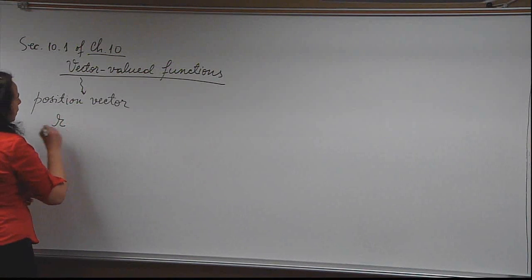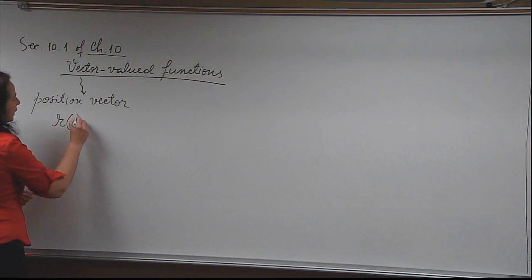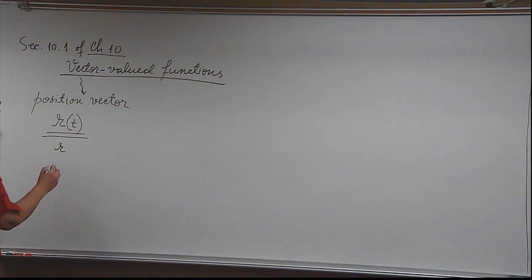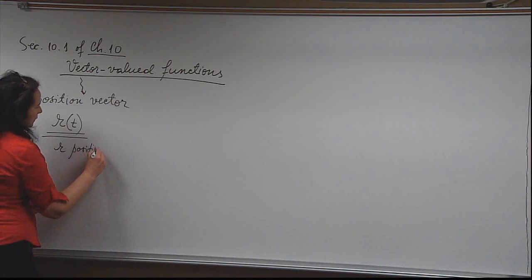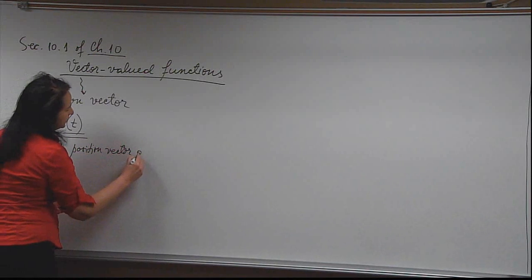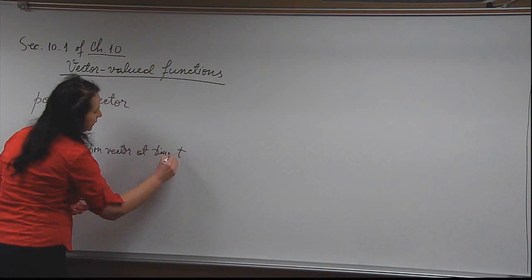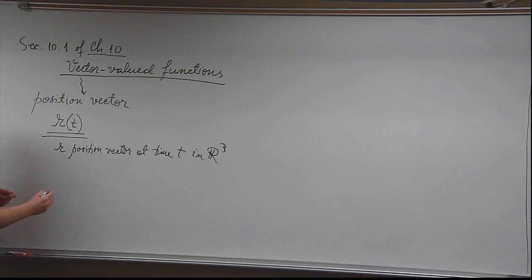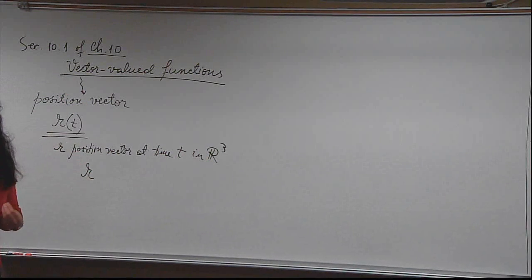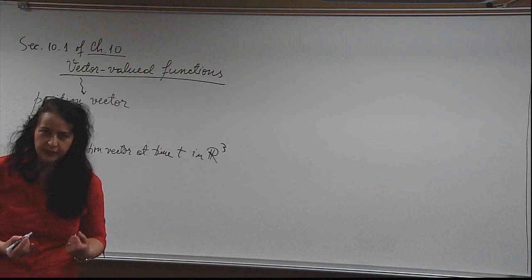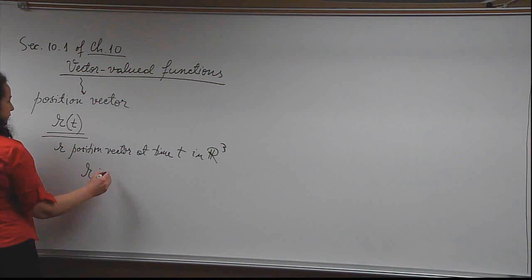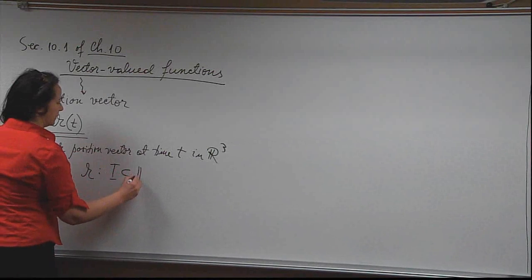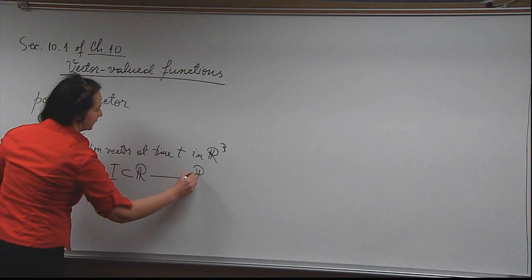You have a function r of t, and I will point out that r is practically the position vector measured at time t, or observed at time t, in R3. So it takes values in R3. How? As a mathematician, because I like to write mathematically all the notions I have, r is defined on I, a subinterval of R, with values in R3.